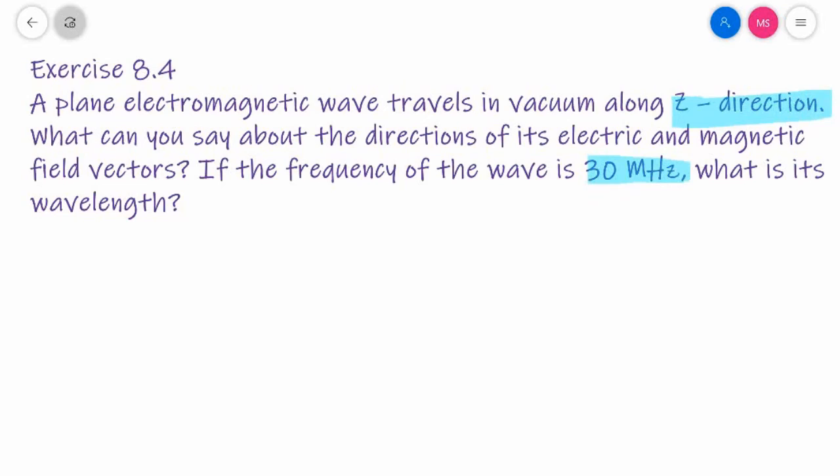Now, we know that E vector cross B vector gives the direction of propagation of wave.